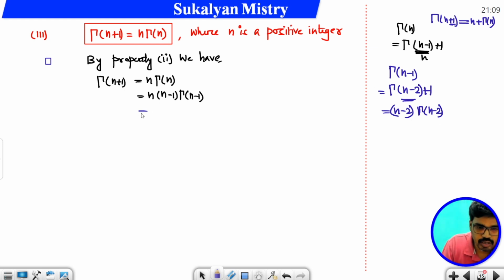So this equals n into n minus 1, gamma n minus 1, that is n minus 2 gamma n minus 2.